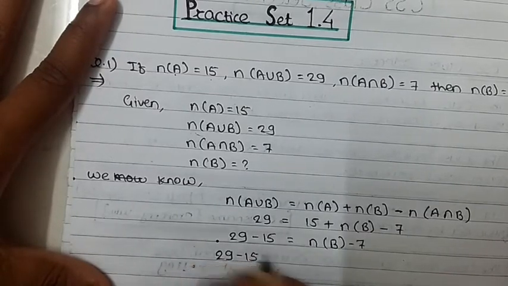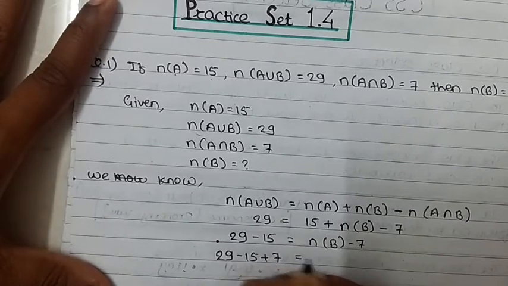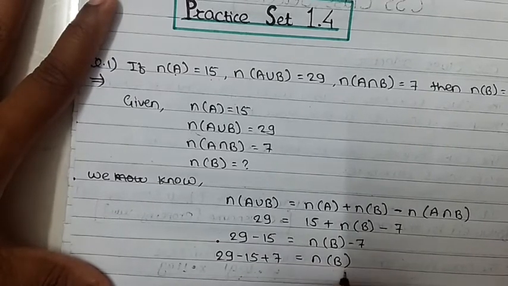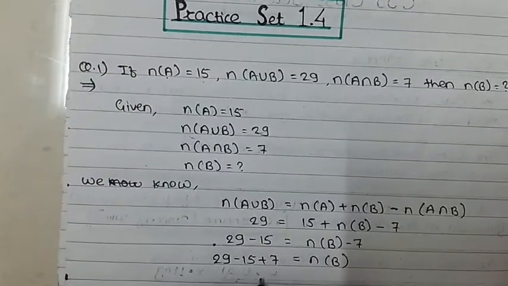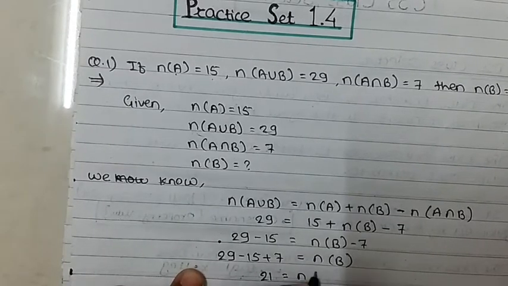After that, 29 minus 15, this minus 7 changes side, then it is plus 7, is equal to n of B. Then what is the value of n of B? That is 21.